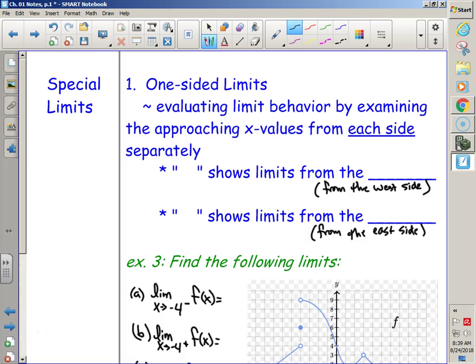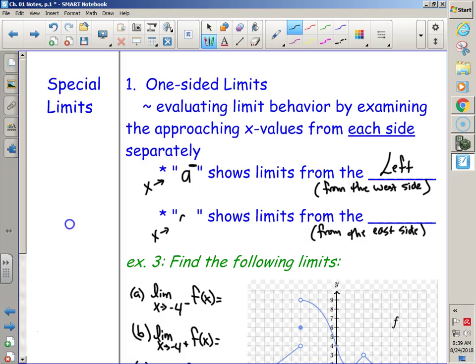If we're coming from the west, that would be from the left of the number. Then we could say x is approaching a negative. The negative is in the little exponent and the number is a little bit less than a.